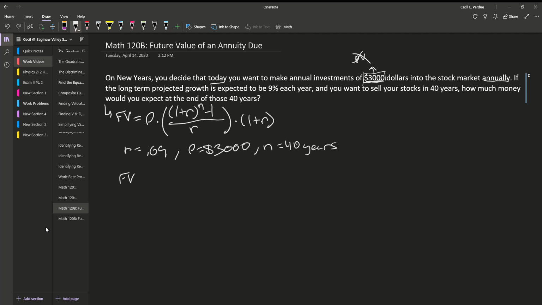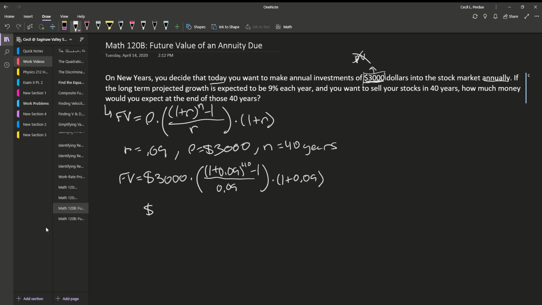Our future value will be equal to 3,000 multiplied by, in the numerator we have 1 plus the rate, which is 0.09, to the power of n, which is 40, and then minus 1, and then at the denominator we have the rate, which is just 0.09, and then all of that multiplied by 1 plus the rate, so 1 plus 0.09.